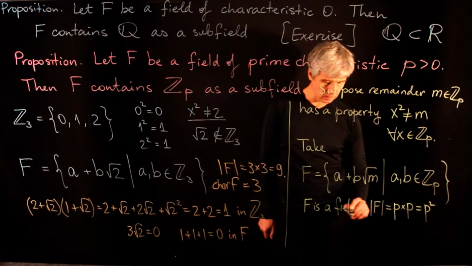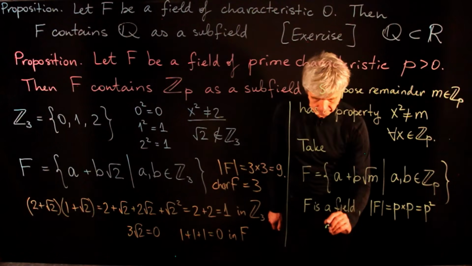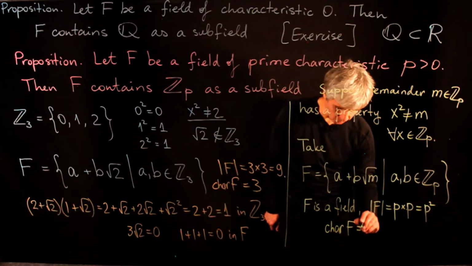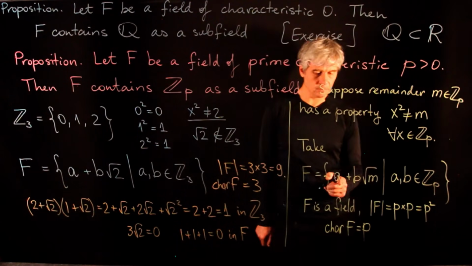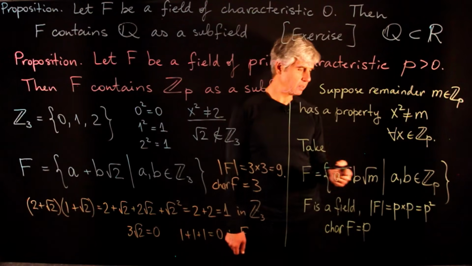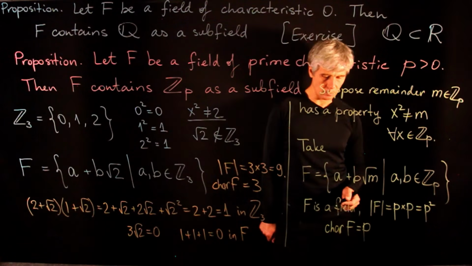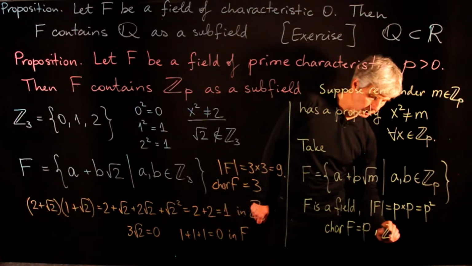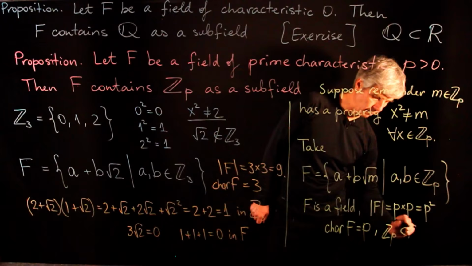And so the characteristic of F is going to be P, because in this field, if we add P times 1 with itself, we are going to get 0. And ZP will be a subfield sitting inside F.